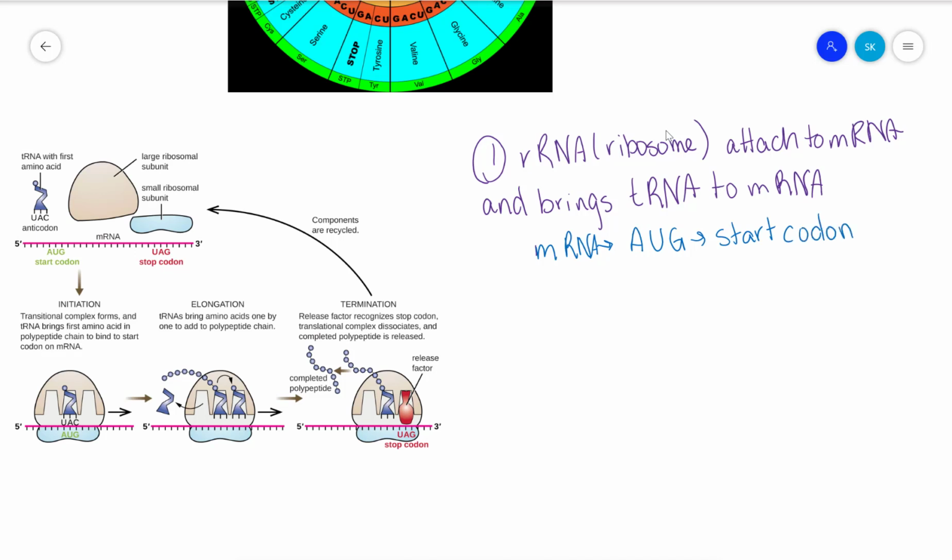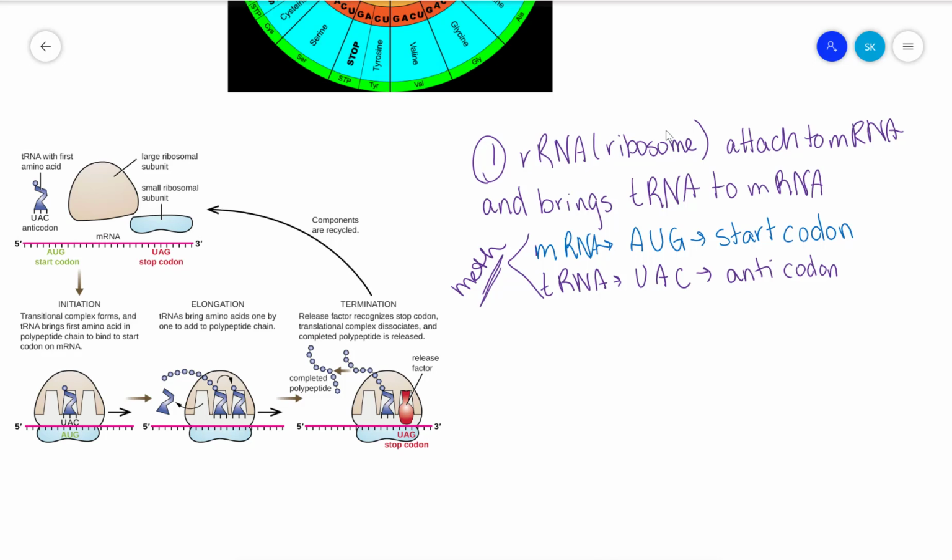So tRNA is going to bring with it the anticodon, which is UAC. There is only one start codon, and it codes for methionine. All right, and that is the first start codon.